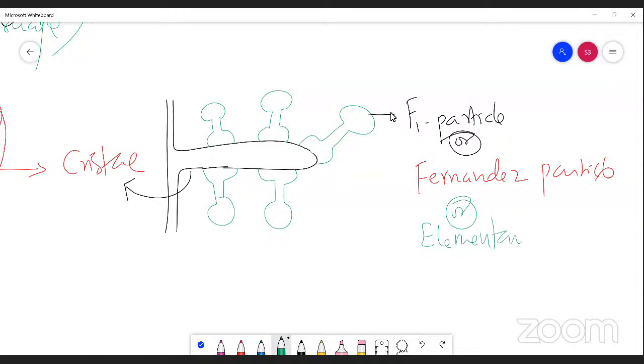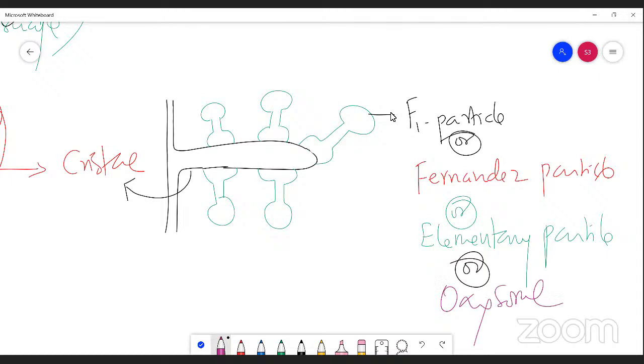It is also known as oxysome. So there are different terms instead of F1 particle.